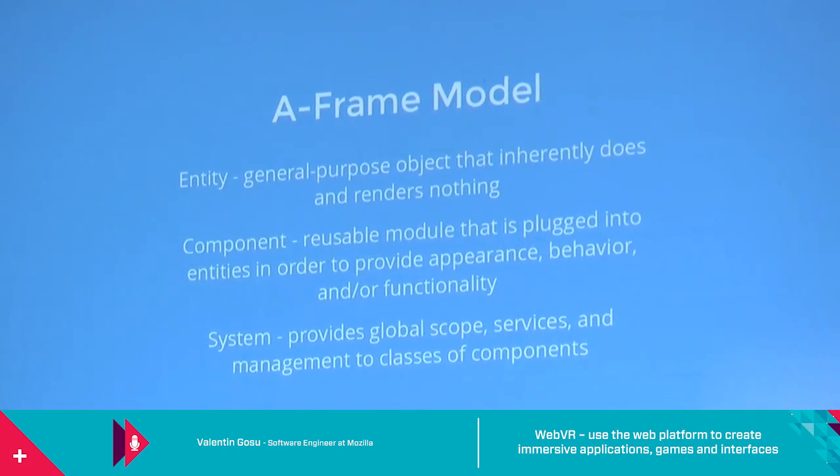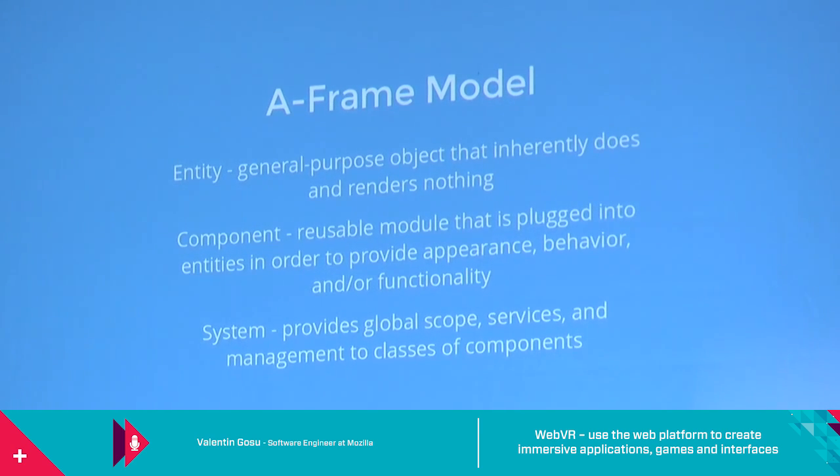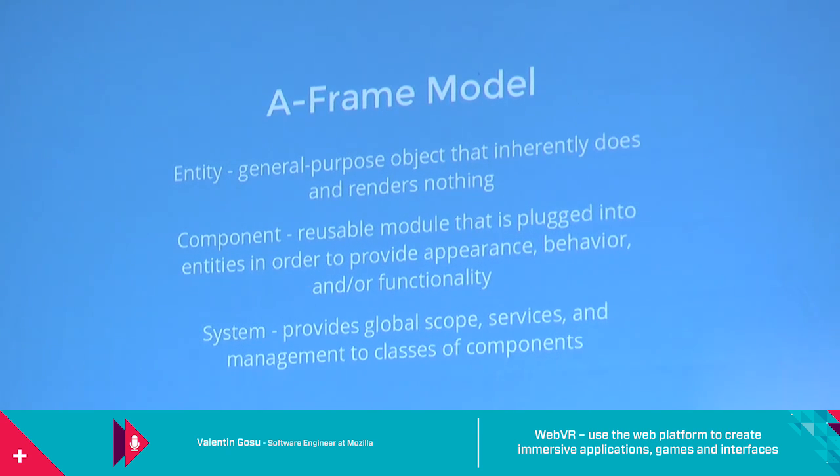The way A-Frame works, you have three things. You have the entity, which is basically a cube or a sphere or something, and these don't do anything on their own. Then you have components, which are reusable properties you can apply onto the entities. One entity is a cube.